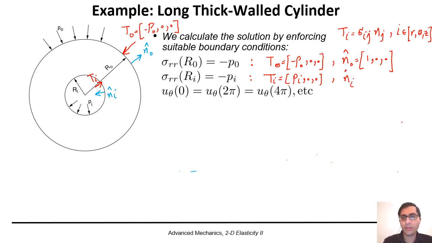So the normal is minus 1, 0, 0. This time again using the Cauchy stress formula, we get sigma RR equal to minus PI.